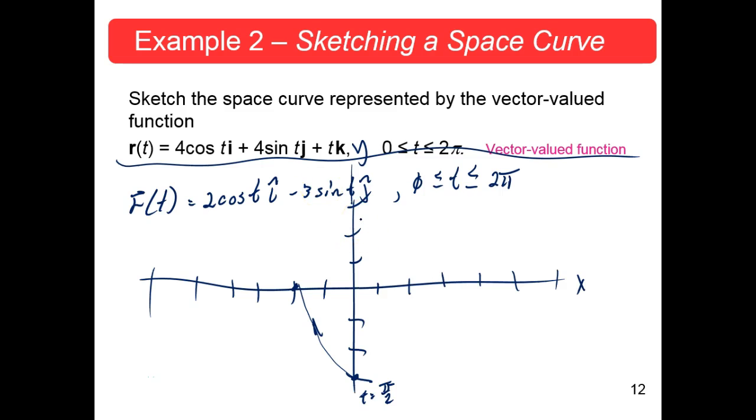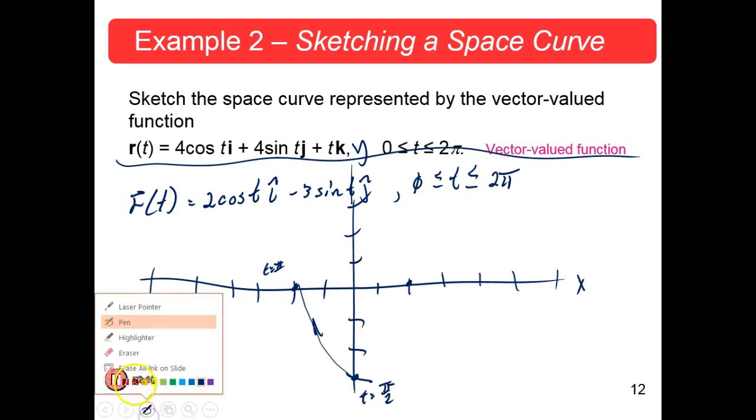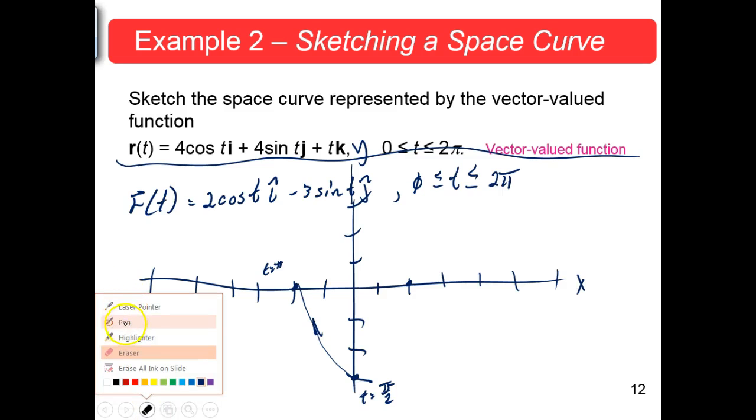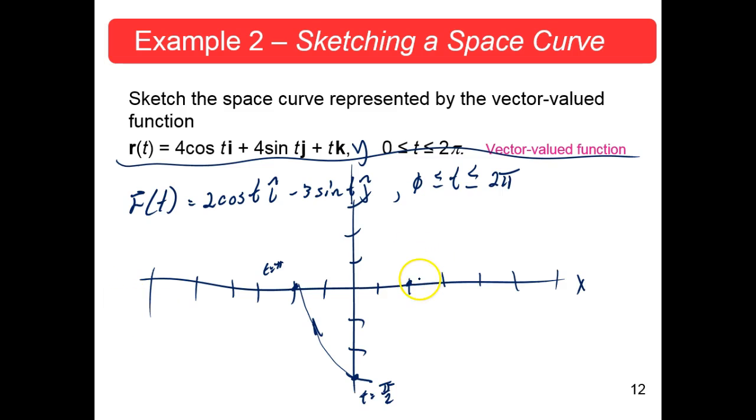So 2 for x and 0 for y. Okay, there we have t equal pi, and this will be t equal 2 pi. Now, by the way, when t is 2 pi, what's it the same as? When t is equal to zero, sines and cosines?